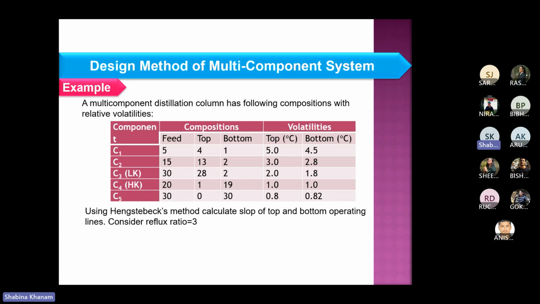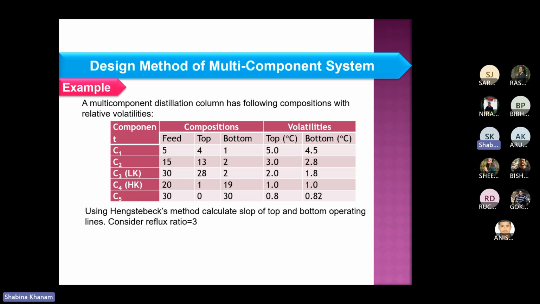We have discussed the method completely with one example, and you know that when Hengstebeck's method is considered, it basically considers limiting flow rates of all non-keys. First of all, you need to identify the key components, and then the other components are non-keys, with respect to light as well as heavy, right?